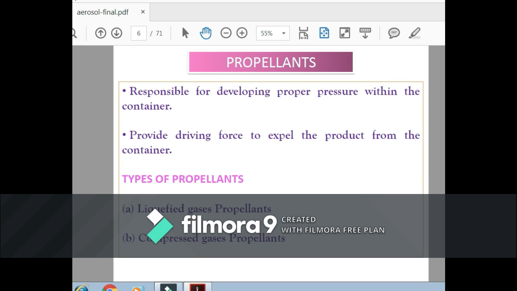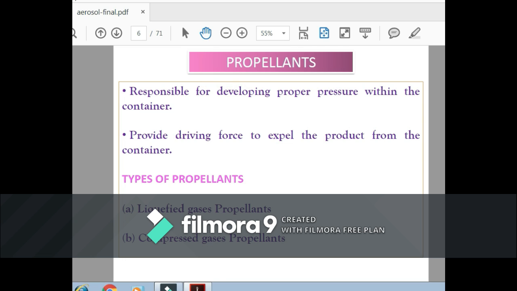Now what are the propellants? Generally these propellants are responsible for developing the pressure inside your container because they are highly volatile. When they are filled inside your container, after your container is brought to normal conditions, at room temperature, inside your container that propellant will try to vaporize, or it will develop gas.